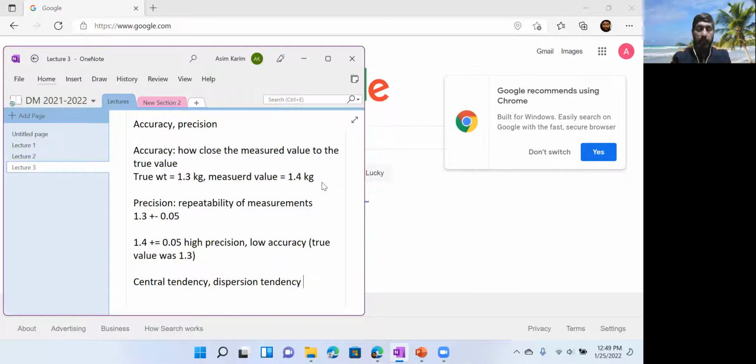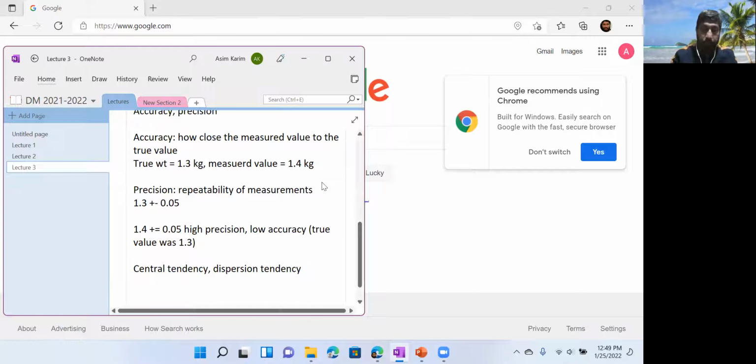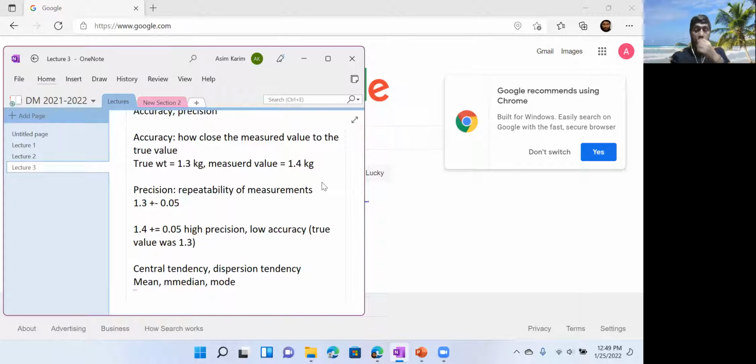In other words, we want to find the single value that can best characterize a particular attribute in a data set. That would be given by the central tendency. And if you want an idea of the distribution, that would be the dispersion tendency. For central tendency, the three values are mean, median, and mode. You are familiar with these ways of finding the central tendency.